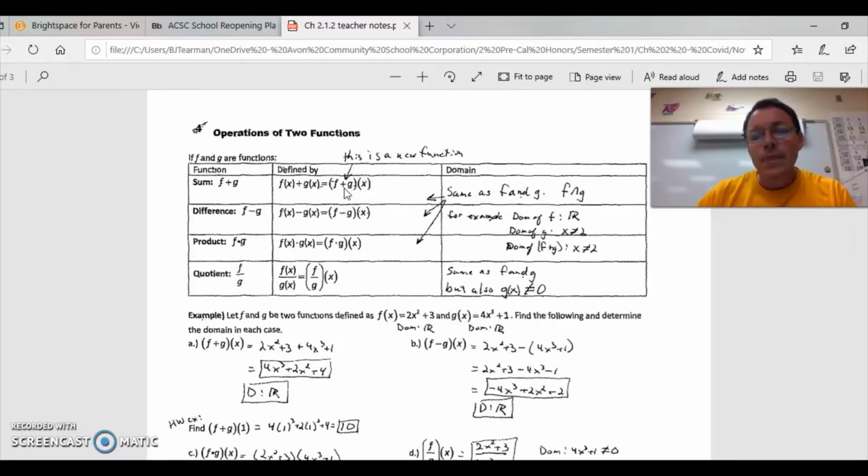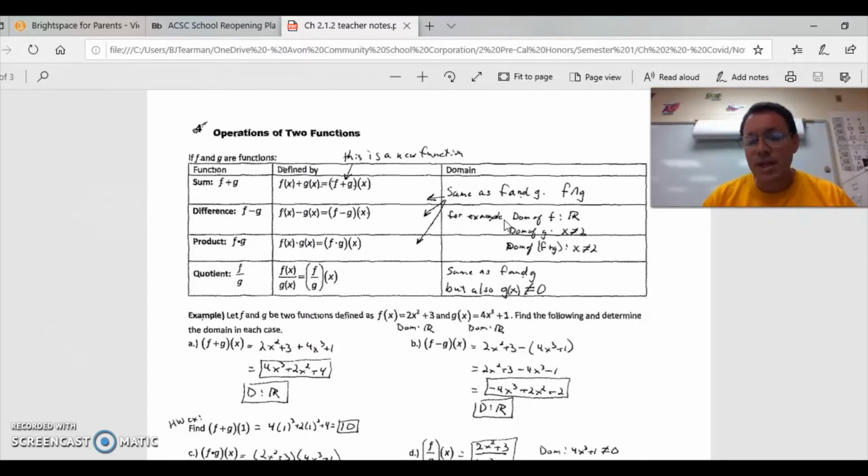Now, these functions that you create, well, they're functions, so they're going to have domain restrictions as well, possibly, or at least domains that you've got to take a look at. So over here, that's what I'm saying over here. If you add 2 functions together or subtract or multiply or whatever, your new function is going to have the same domain as the other 2 put together.